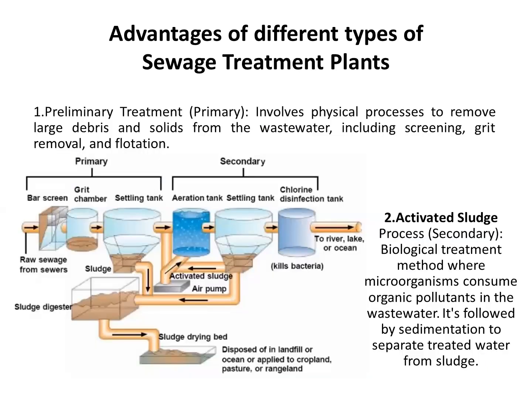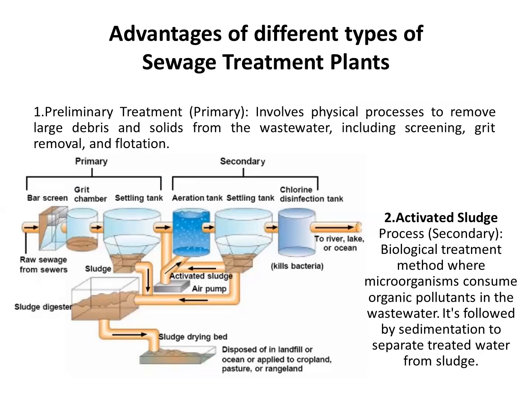We'll move forward. And the sewage system, again elaborating the primary treatment plants, involves physical processes to remove large debris, and activated sludge is a biological treatment method where microorganisms consume the organic pollutants in wastewater.